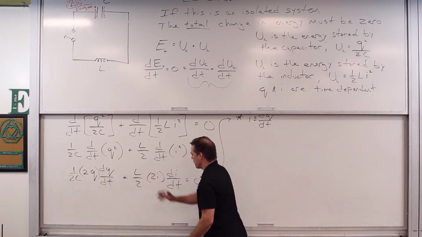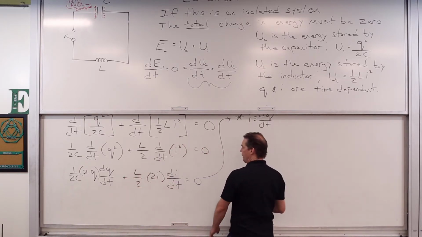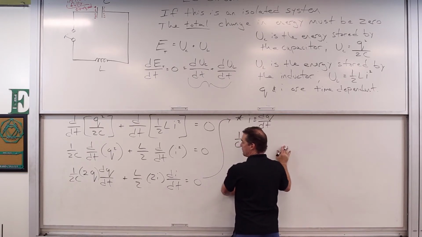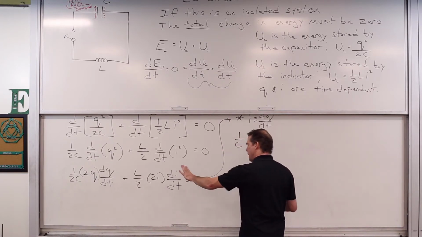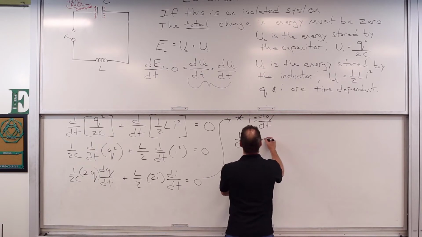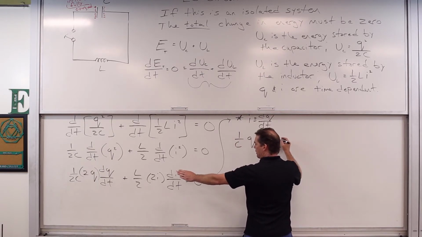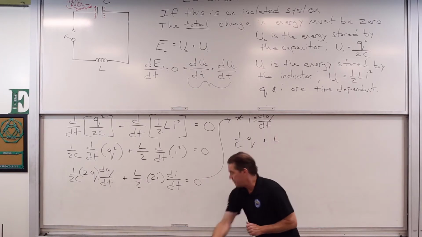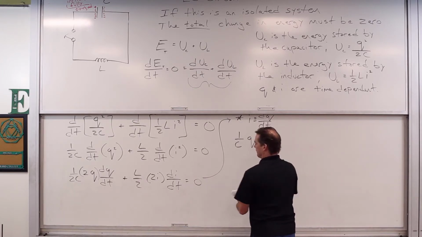So let us rewrite some of this and get rid of these factors of 2. Those cancel each other out. We've then got 1 over C times q times dq/dt, plus L times I. Oops, sorry, I'm missing the dq/dt. Let's leave that.